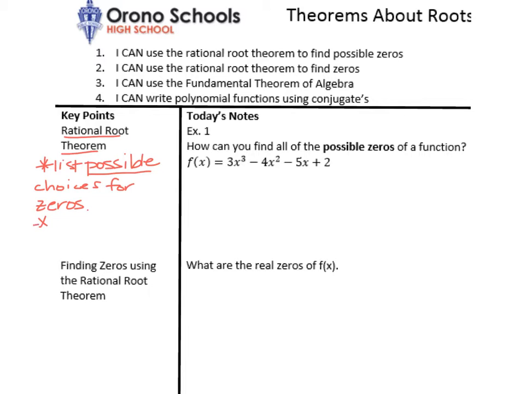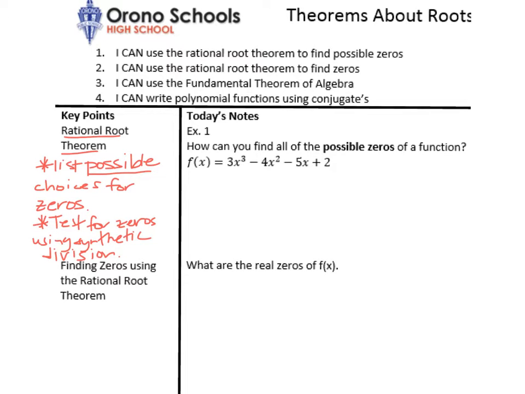And then we test for real zeros using synthetic division. So again, the rational root theorem lists possible choices for zeros if we're not given any, and then we test them using synthetic division.